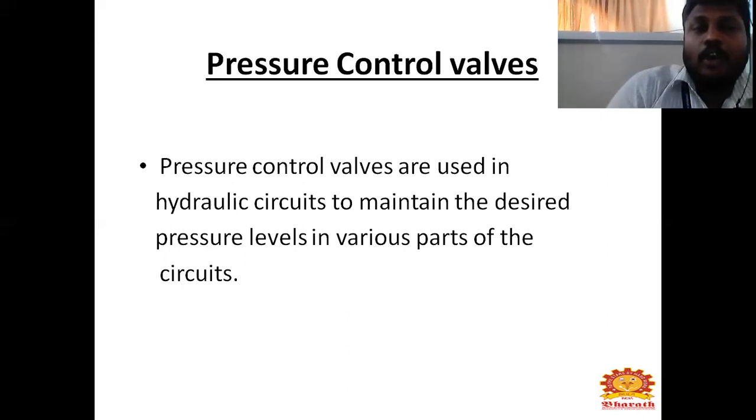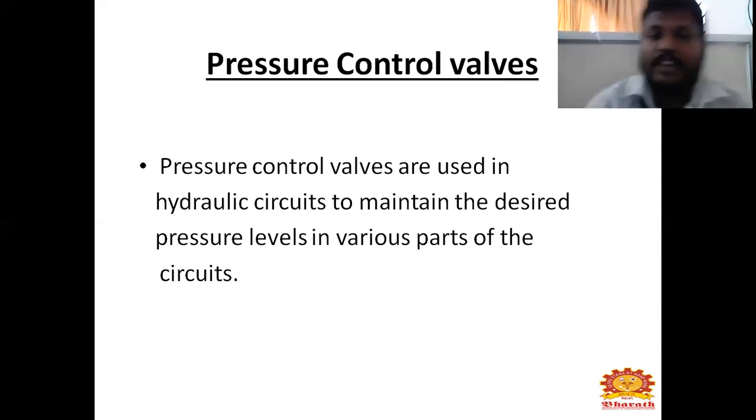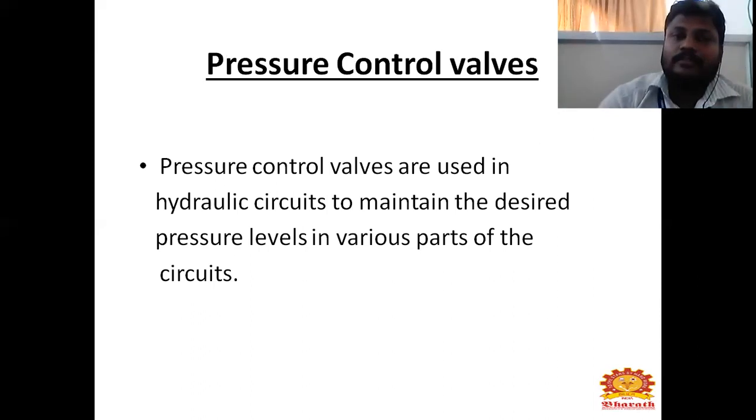First of all, flow control valve. What is a flow control valve? Flow control valves are used in hydraulic circuits to maintain the desired pressure level in various parts of the cylinder. To control the pressure in the overall system, we will be using a pressure control valve.